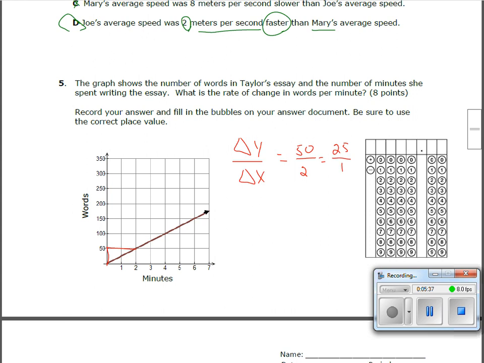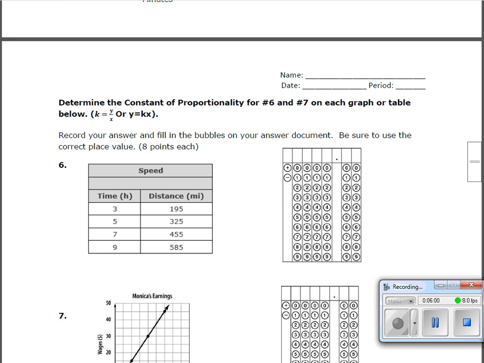Graphing this, I would just bubble the 2 and the 5 like that, and put a 2 and a 5 in front of the decimal. Now, it says in words, so I'm going to say 25 words per minute.